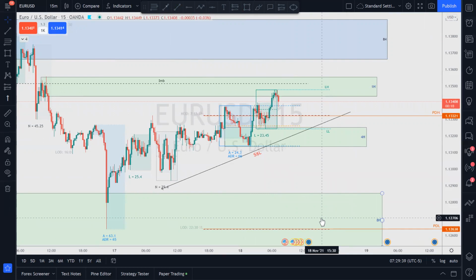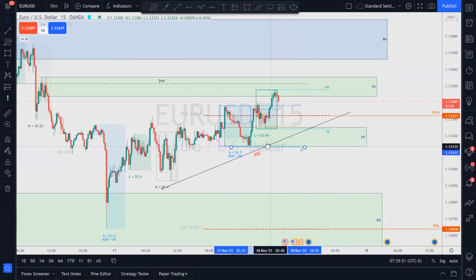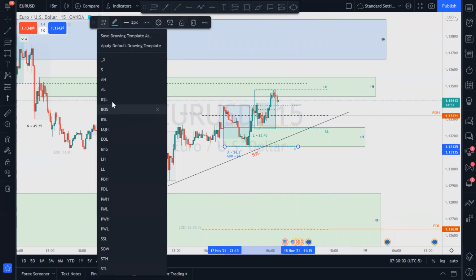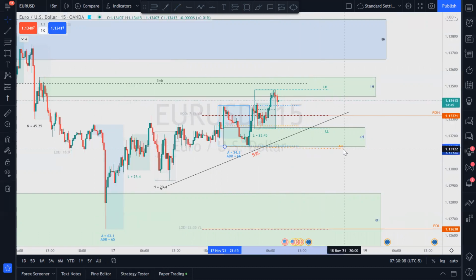Okay. Now I got to get my Asia highs and lows as well. All right, copy that. And I'm going to push this down to the Asia. Come on, man. This is where I drive myself crazy trying to be precise. Asia high, boom, right? Let's stretch this. That's the Asia low.